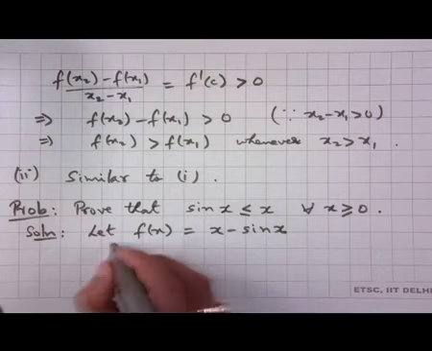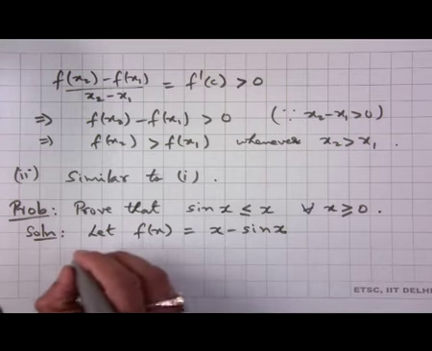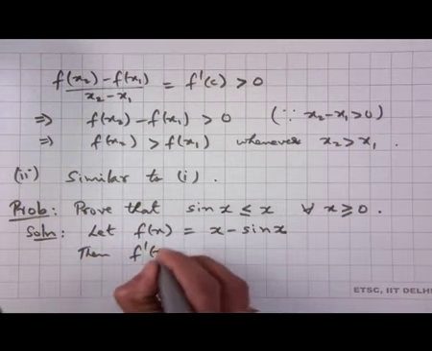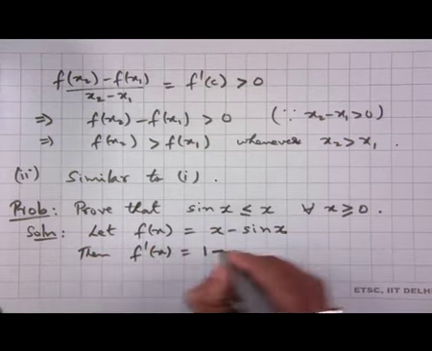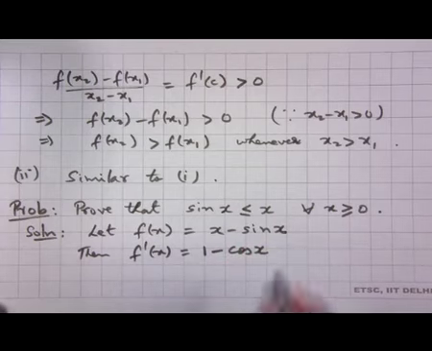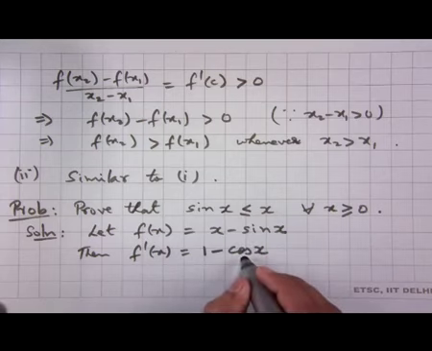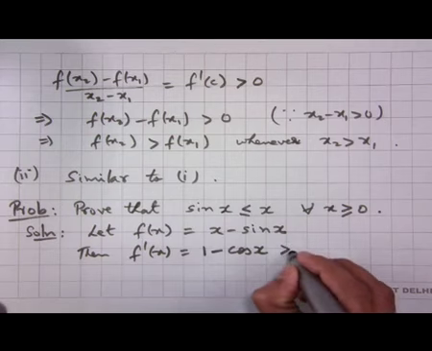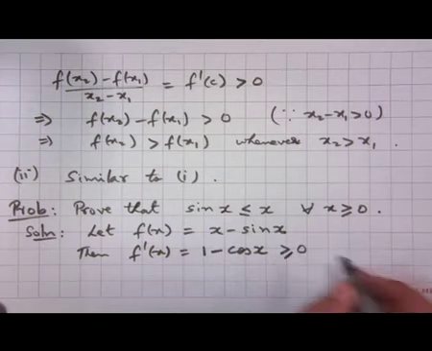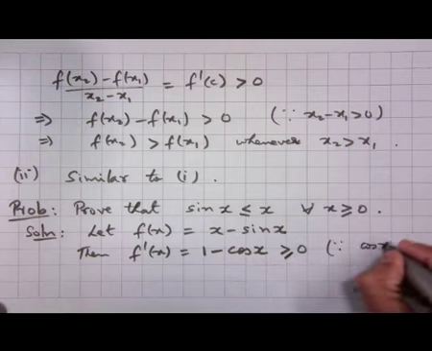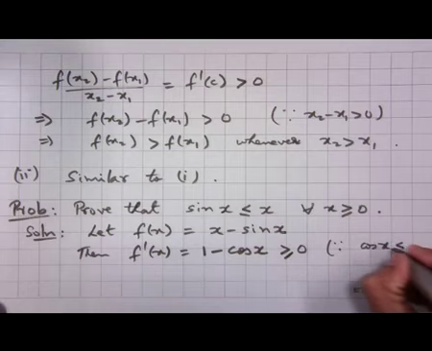So, let us see what is f prime of x. The derivative f prime x is equal to 1 minus the derivative of sin x, which is cosine x, and we know that cos x is always less than or equal to 1. So, this is greater than or equal to 0, since cos x is always less than or equal to 1.